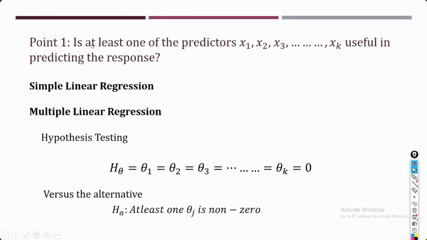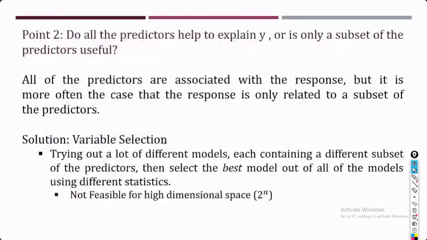Here we want to check whether the selected feature is able to predict my response or not. So I fix the rest of the thetas equal to 0, and that one particular theta will be non-zero. Then I can simply check the response: theta naught plus theta 1 x. Theta 1 represents the slope; that means if I change x by this amount, how much change we will have in y. That prediction we can do.